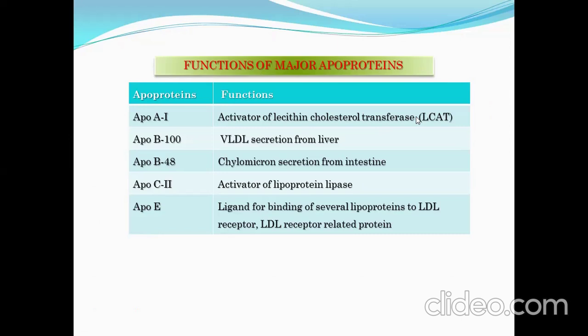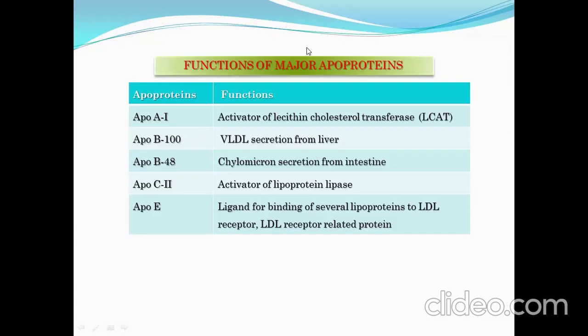Apoprotein B100 is responsible for VLDL secretion from the liver, whereas apo B48 is responsible for chylomicron secretion from the intestine. They play a vital role there. Apo C2 is the activator of lipoprotein lipase.